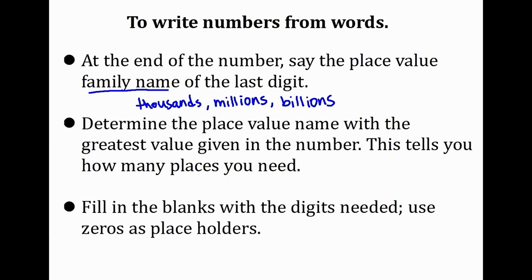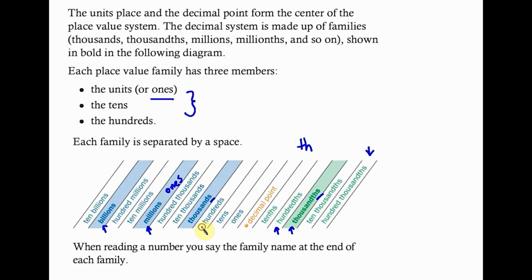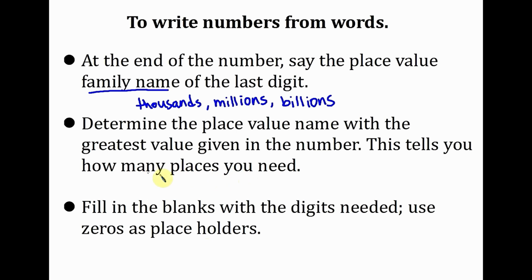For example, if you're dealing with thousands, you will have 3 zeros filling out hundreds, tens, and ones. If you have millions, you will deal with 6 zeros. If you have billions, it will be 9 zeros. So that's how you can tell. Now, after you know the greatest value, you can fill in the blanks with the digits needed. If you don't have any digits, you will fill it in with zeros.